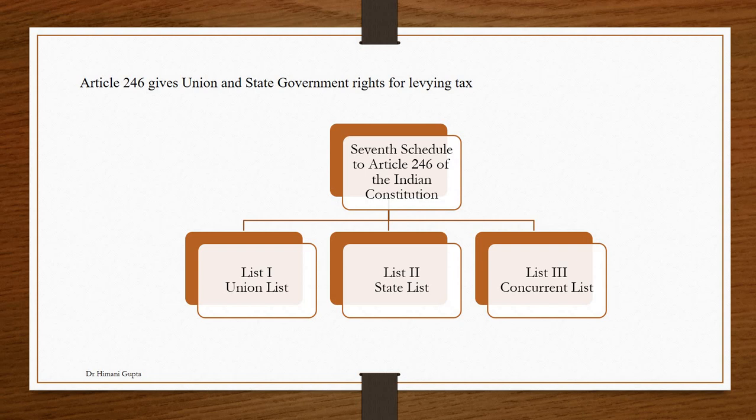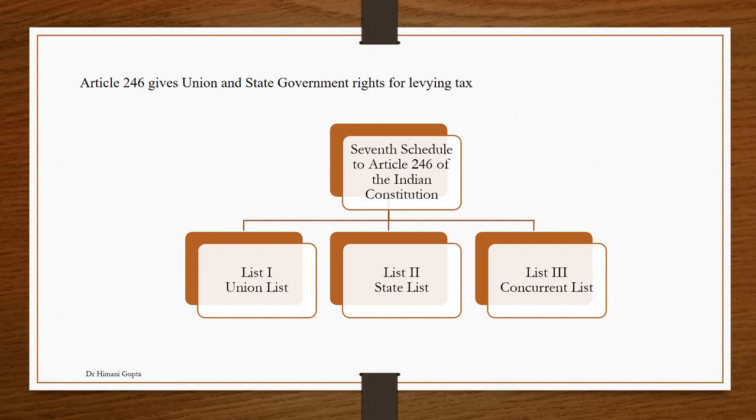List 1, which is also named as Union List. In this list, all the matters in respect of which Parliament, over here Parliament means central government, has an exclusive right to make laws. So in list 1, all those matters will be discussed where the Parliament can make laws.